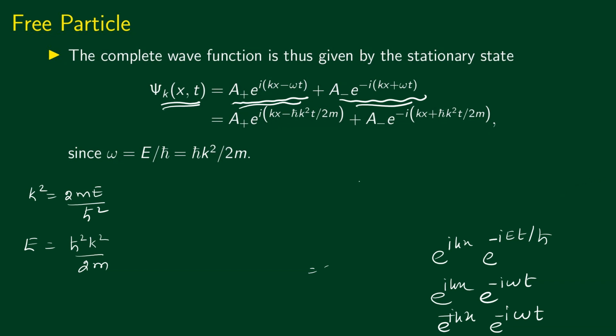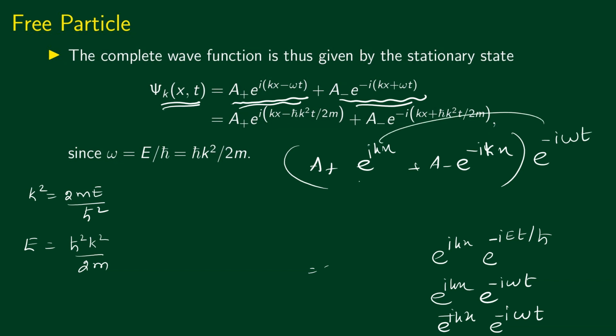We have taken the previous solution, a plus exponential ikx plus a minus exponential minus ikx, and we applied the time dependence in the form exponential minus i omega t. Then we just combine these terms, and that gives us this form of the solution. Now we can substitute for E equal to h bar square k square divided by 2m, and then we get this form.